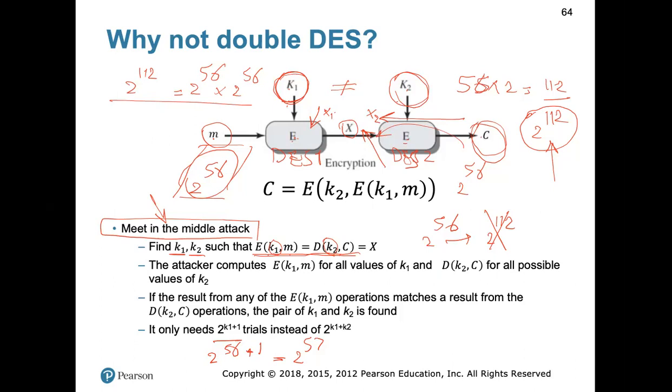But what this analysis says about the meet in the middle is that cascading 2 of the same encryption algorithms using different keys is not going to expand your key, because the meet in the middle attack can happen.